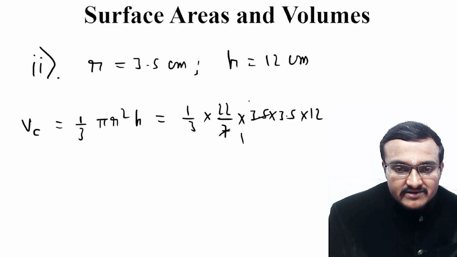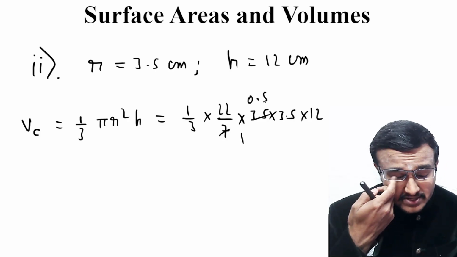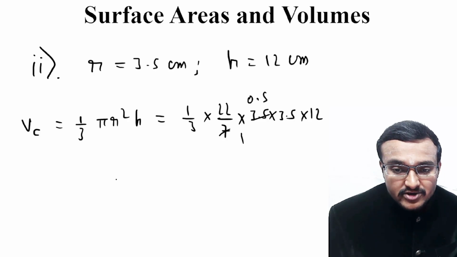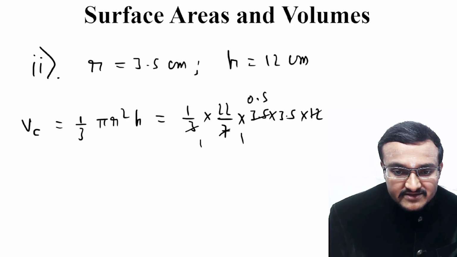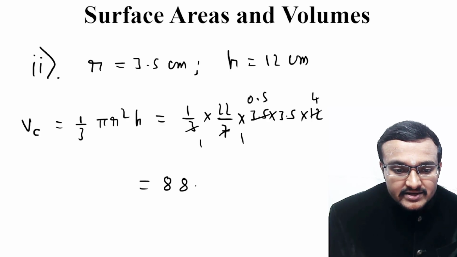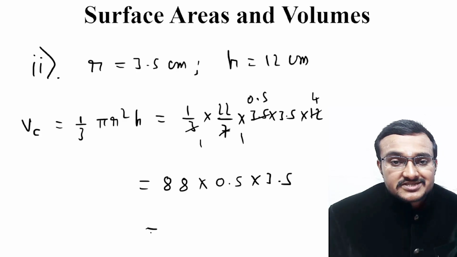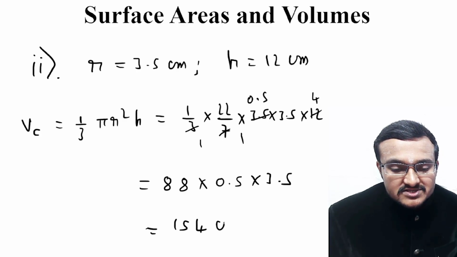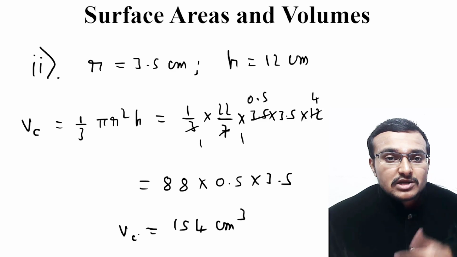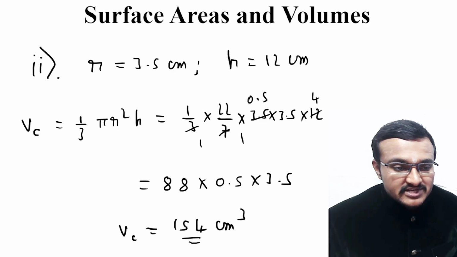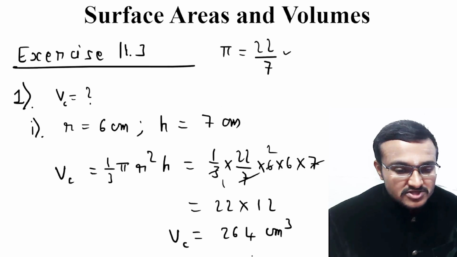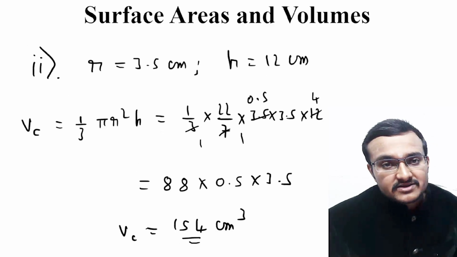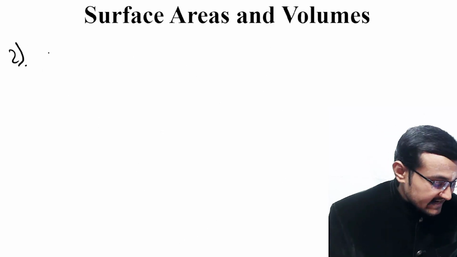So 7 ones are 7, 0.5s are 3.5. So now we have got 0.5 into 3.5. So here 3 ones are 3, 3 fours are 12. So 22 into 4 will be 88 into 0.5 into 3.5. So this is equal to 154 centimeter cube. The volume of the second cone is equal to 154 centimeter cube and the volume of the first cone was 264 centimeter cube. So now we will move into the second question.